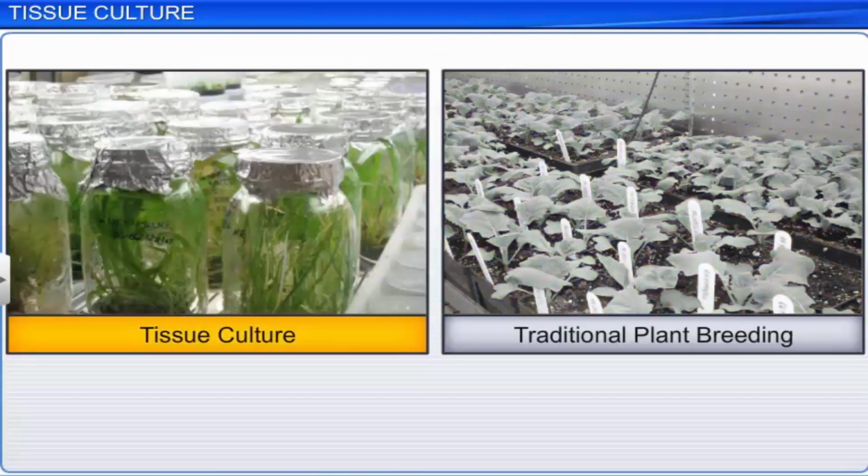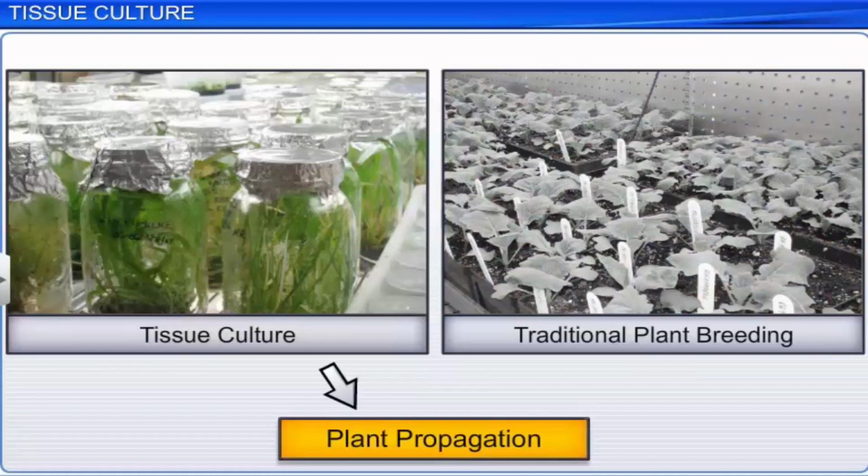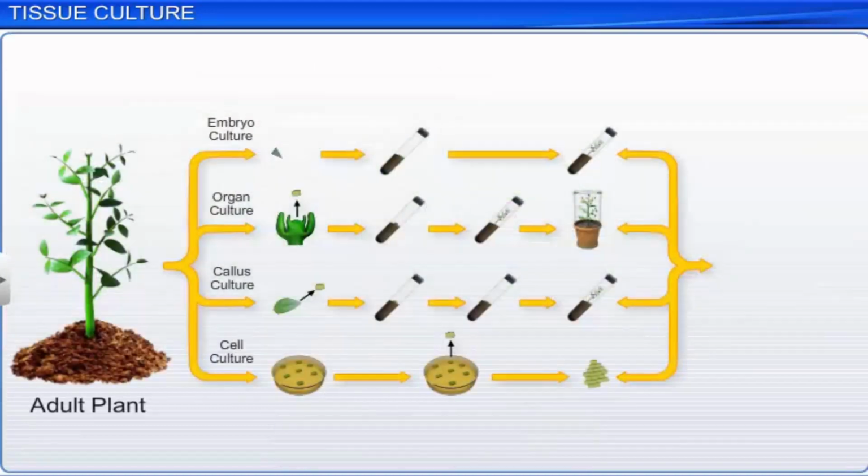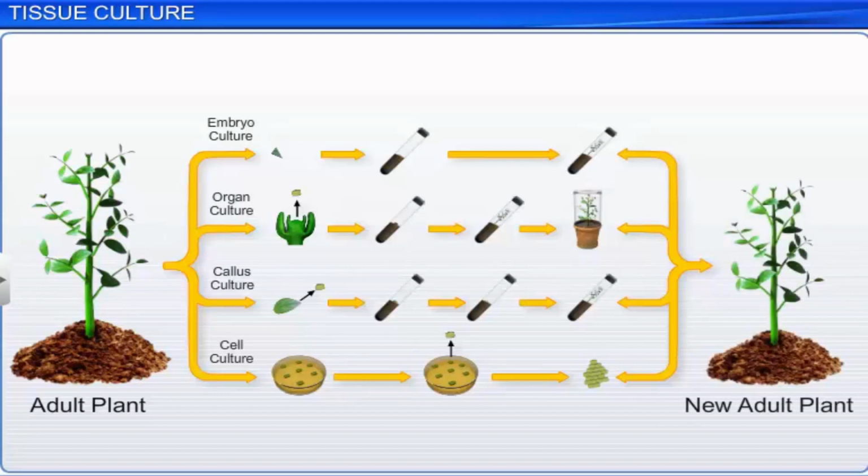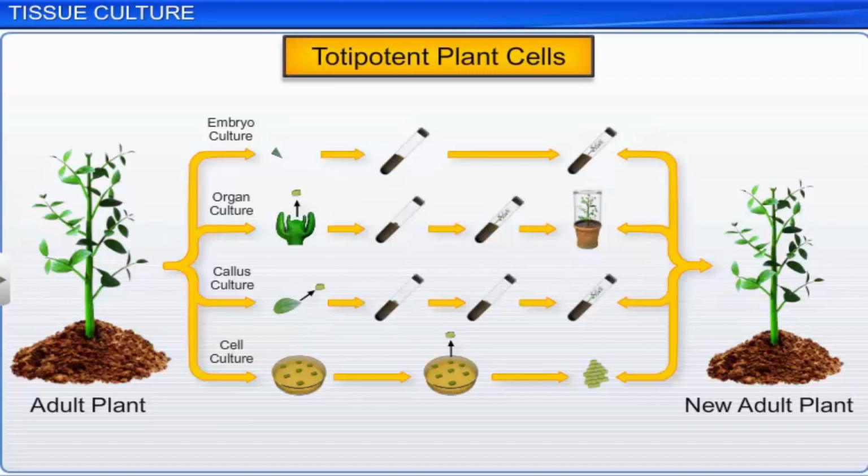Tissue culture is a method used for plant propagation in addition to other traditional plant breeding techniques. It was during the 1950s that scientists found that any part of a plant grown in nutrient media under sterile conditions can give rise to a whole new plant. This property of plant cells to give rise to a whole new plant is called totipotency.